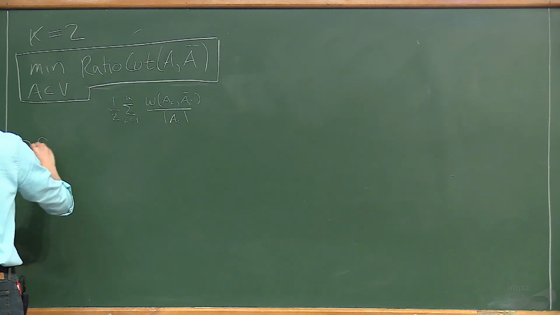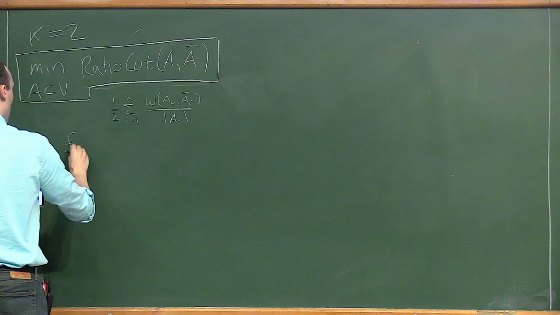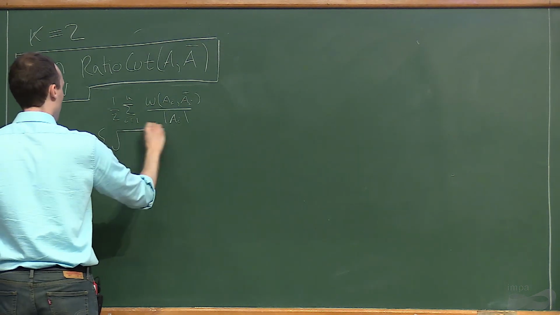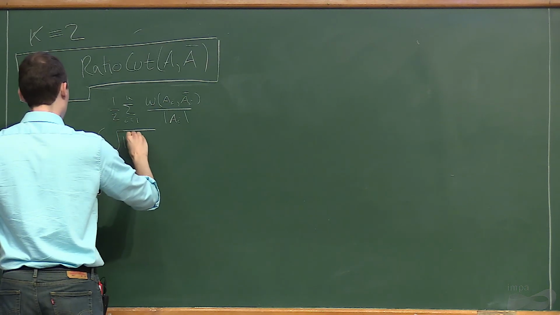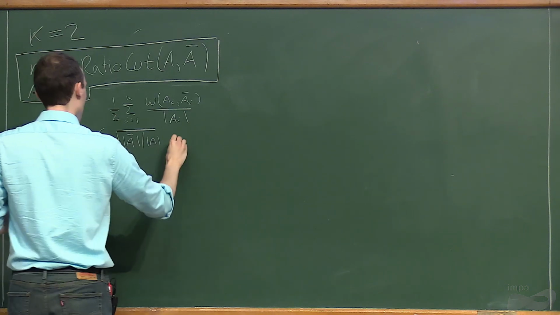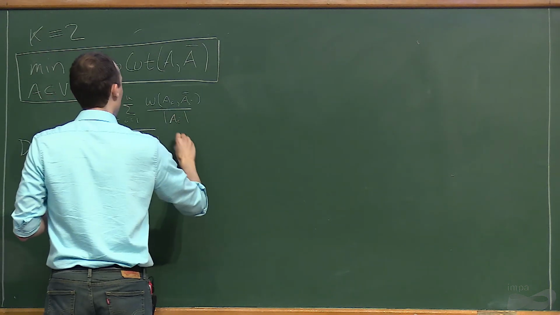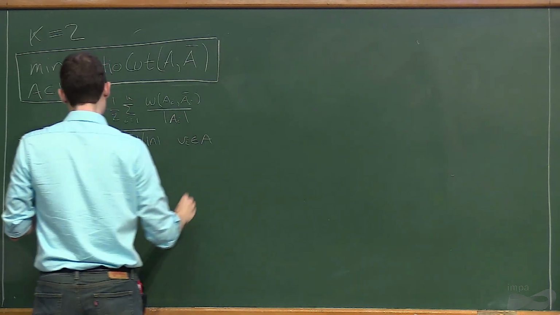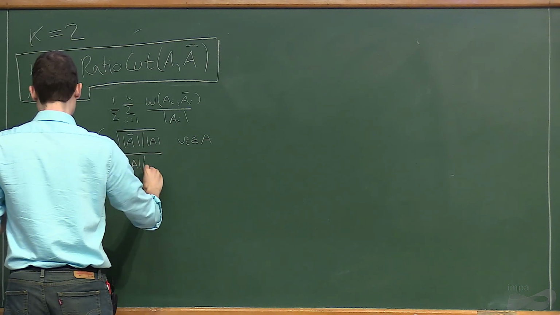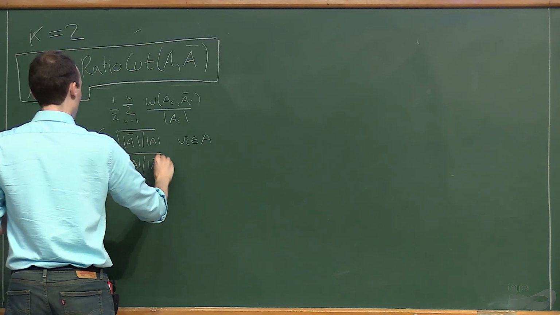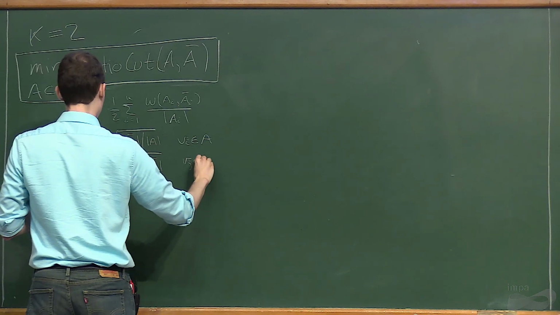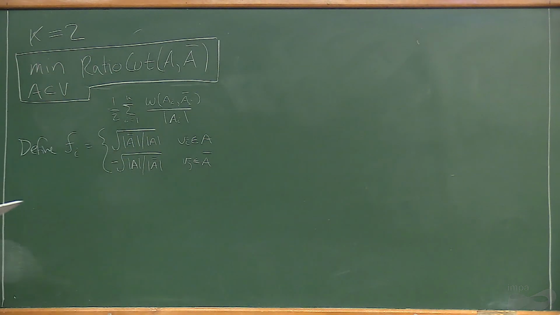Let's define a vector f with elements fi taking one of two values depending on whether vi belongs to A or its complement. Now this construction, when we first see it, seems a little bit ad hoc, but it will turn out that there's a very good reason for doing this.